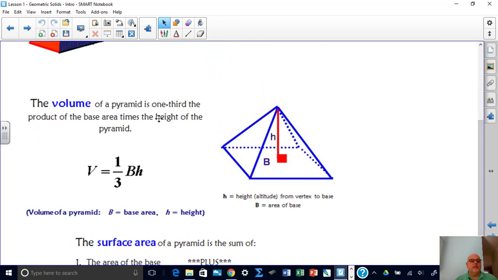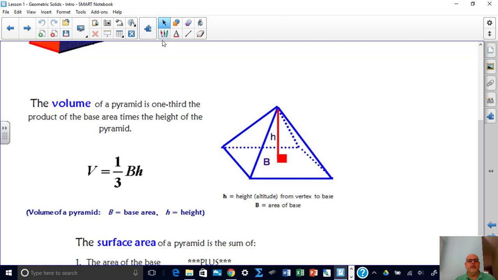So the volume, again, is the area of the base, the bottom, times a third times the height. The height is the perpendicular distance from the point to the middle of the base. That's important because we'll be looking at problems where you need to find this.